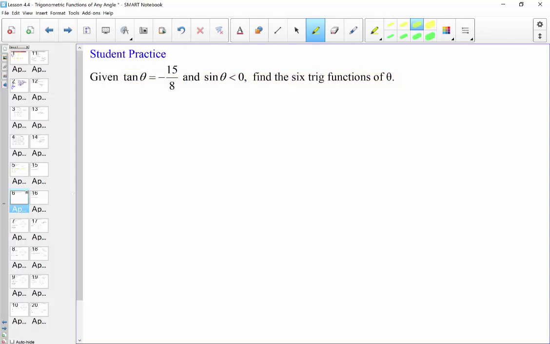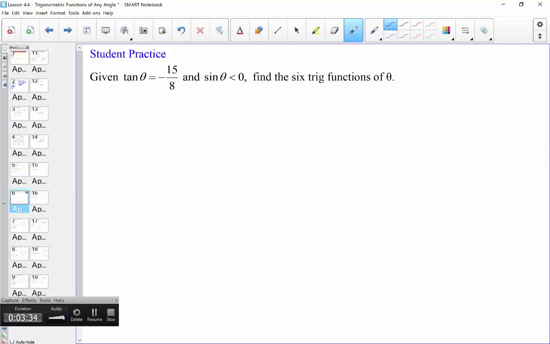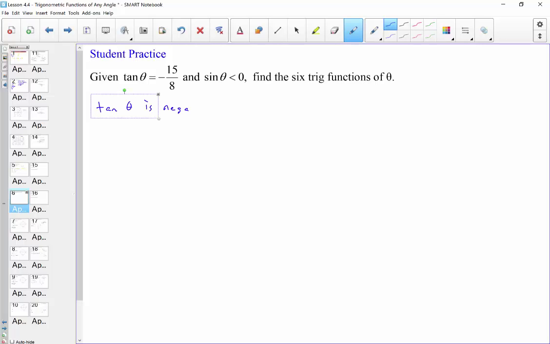The first thing we need to do is to find the quadrant in which theta lies. We know that the tangent of theta is negative in quadrants 2 and 4. And we know that the sine of theta is negative in quadrants 3 and 4.